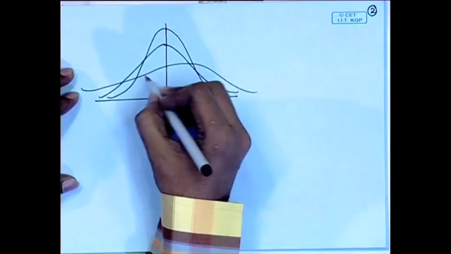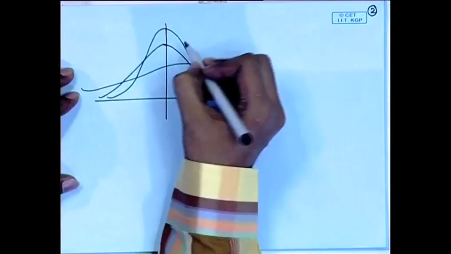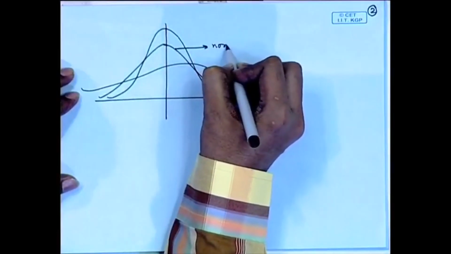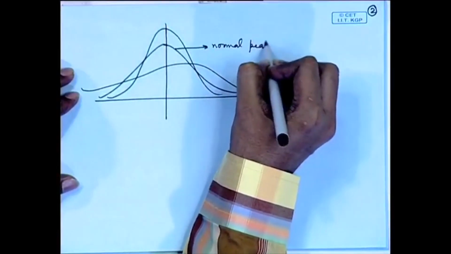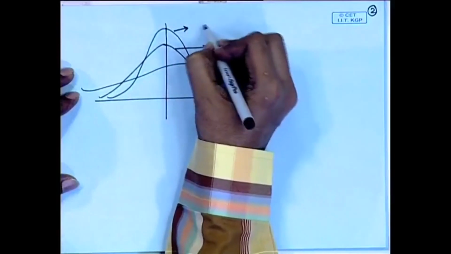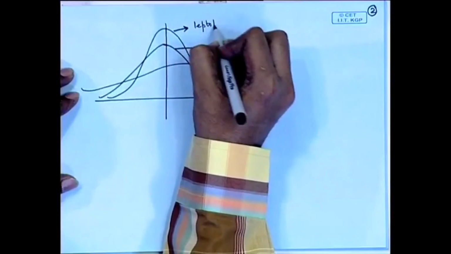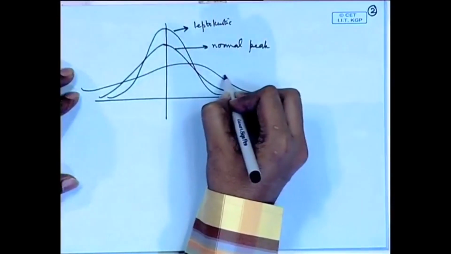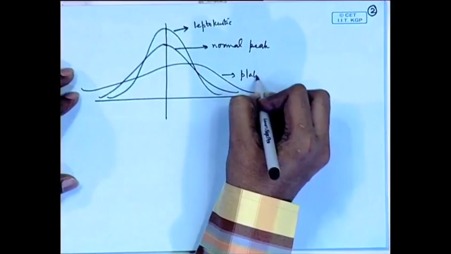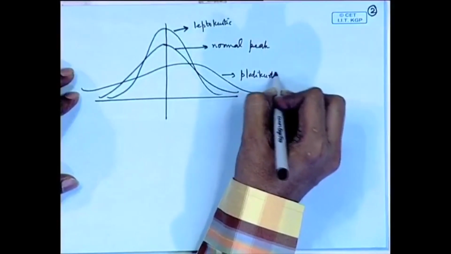We consider this property as the kurtosis. So, this we call a normal peak, this is called leptokurtic, that is high peak, and this is called platykurtic, that is the flat peak.